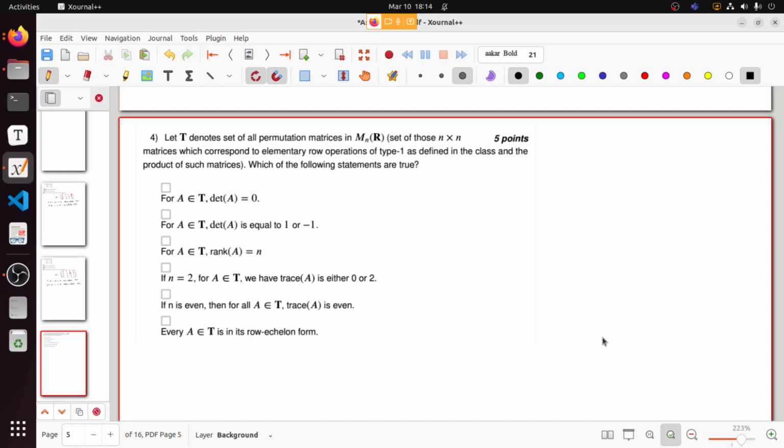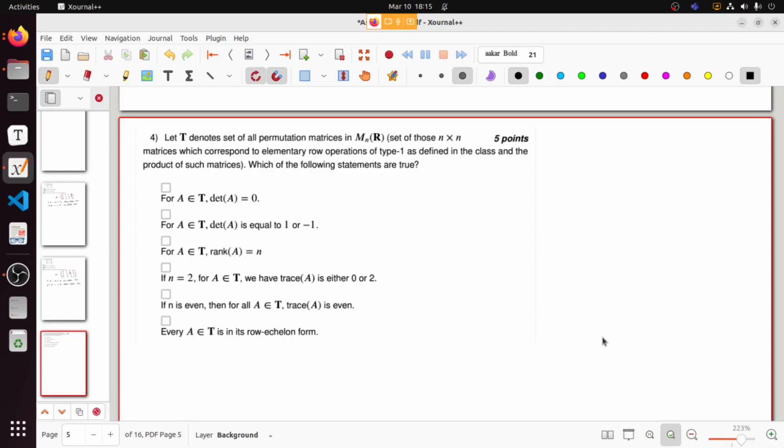Take the identity matrix and just interchange the rows, means flip rows 1, 2 or 3, 4, any i, j rows you have to interchange. So this is the type 1 elementary row operation, and T consists of all such matrices and the products of such matrices. So these are called the permutation matrices, and now you have to check which of the following options are correct.